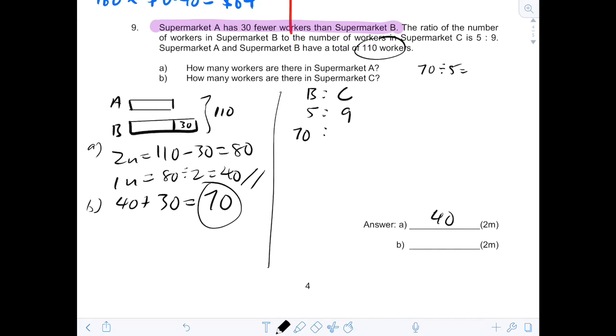Multiplier will be 70 divided by 5, you get 14. So from here to here you're actually multiplying it by 14. So if you want to find the number in C, you multiply this by 14 as well. Okay, so the answer you get here is 126. Alright, this is your answer. Number of workers in supermarket C will be 126.